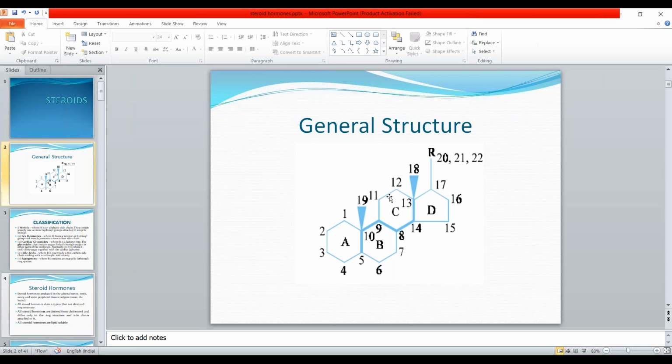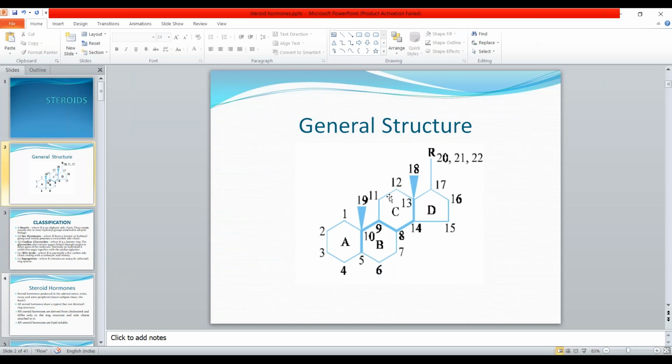Now, which substances in your body have this typical general structure of steroids? The adrenal hormones, that is the adrenocorticoids and glucocorticoids, followed by the sex hormones. Then, like I said, bile acids. These three are the main components in the human body which have this typical structure. Other than this, some vitamins have this steroidal structure.